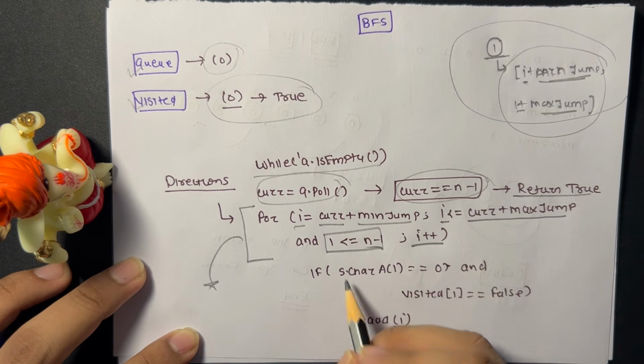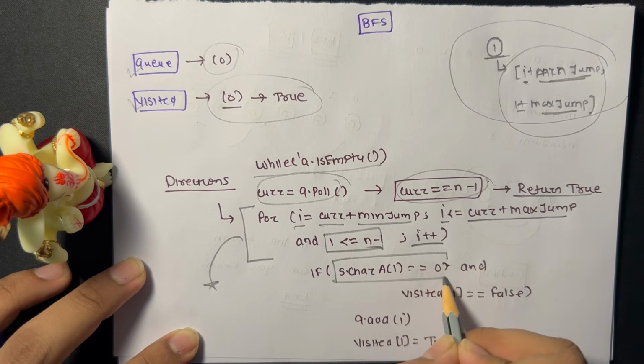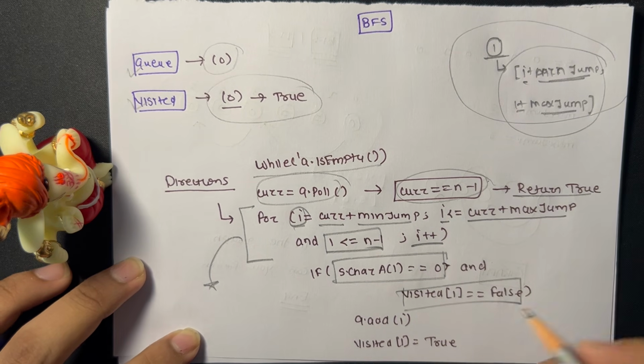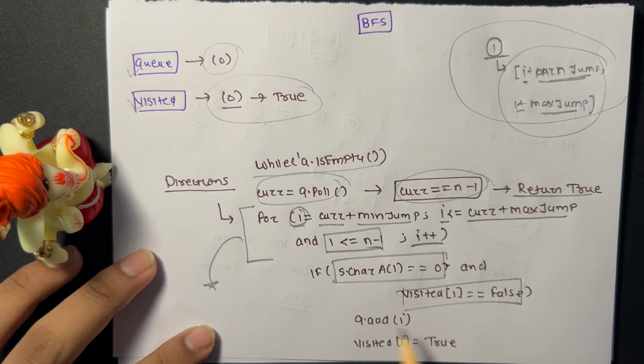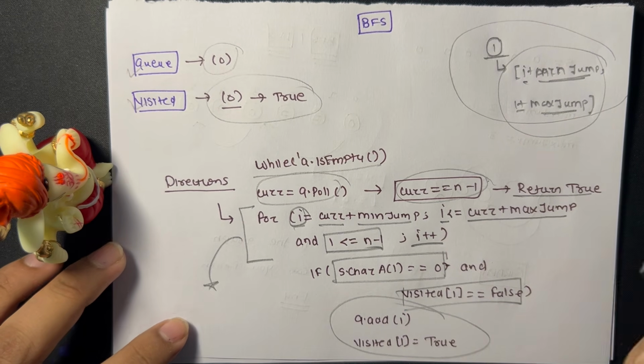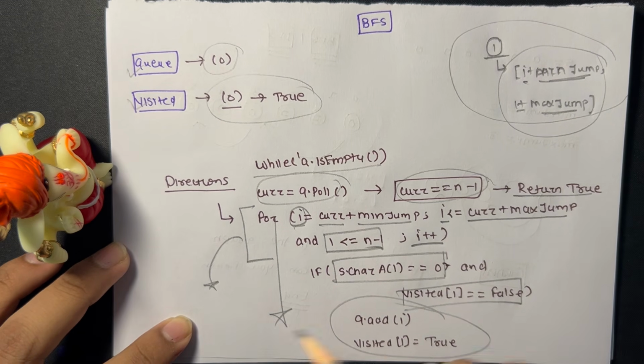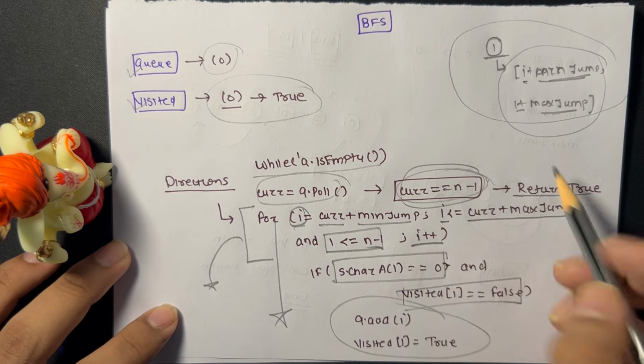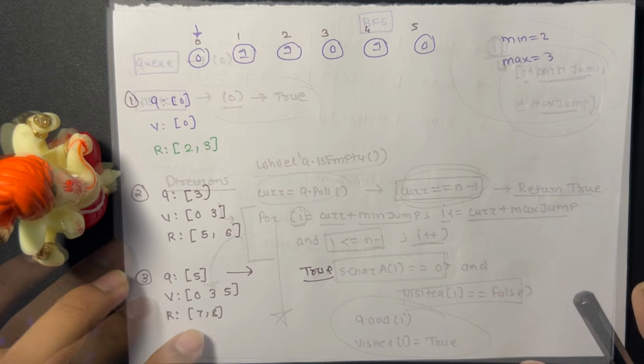And i plus plus. If the character at s of i is 0 and visited is false, meaning this particular index is not visited, just add it to the queue and mark it visited. This iteration will happen, and if you see that you have reached the end, return true, or else return false. Let's go through the dry run.